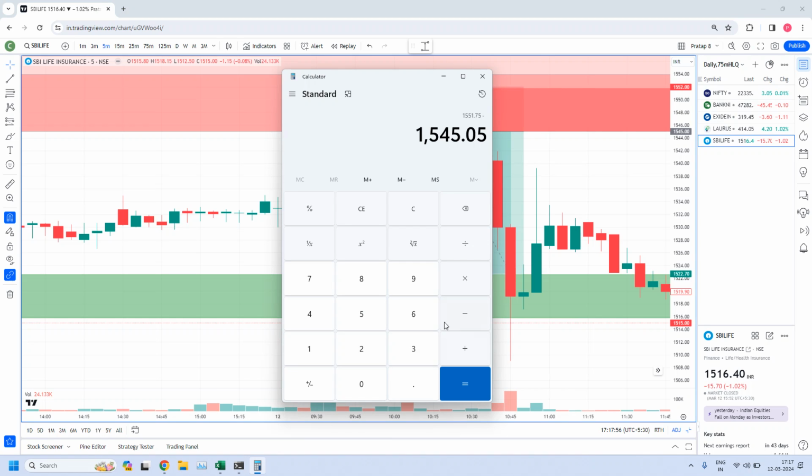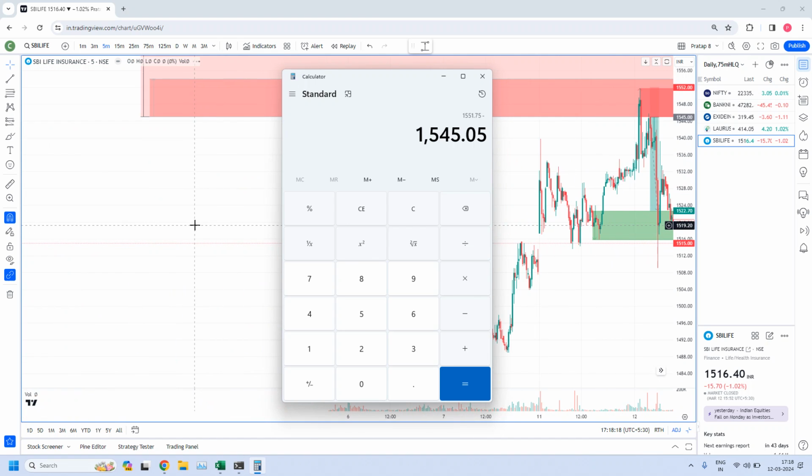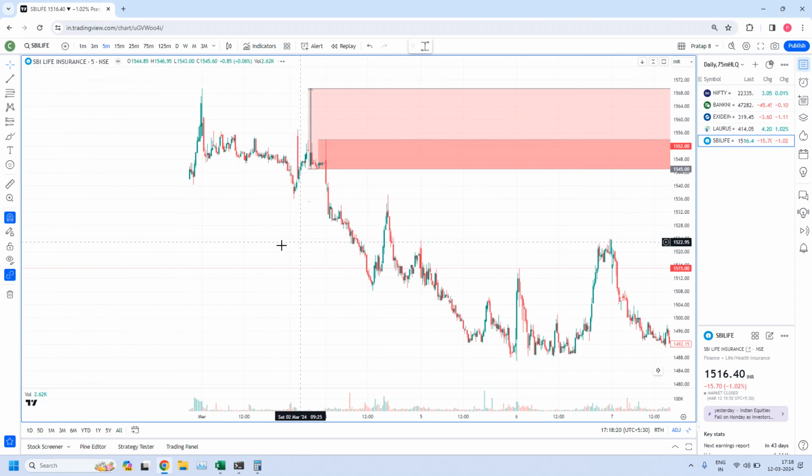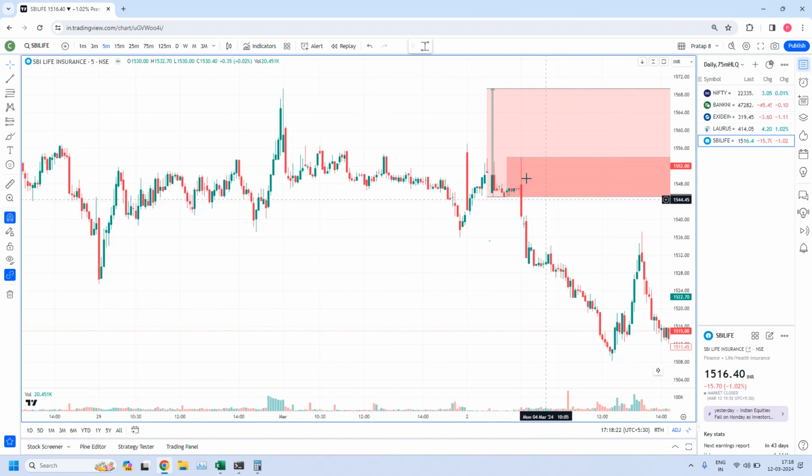1545.05. Let me check. Yeah, 1545.05, or is it 1545? Let me look into this zone, we'll get clarity.